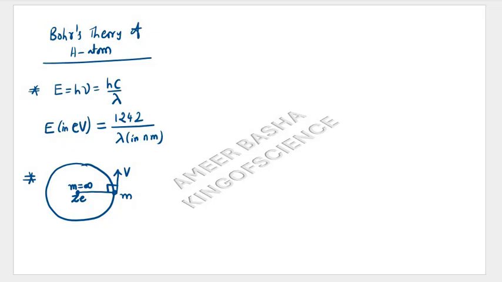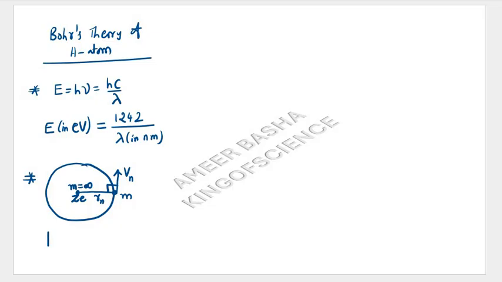For this type of system, what will be the radius formula, the velocity formula, the total energy and all those things. One of the important postulates of Bohr's theory is that angular momentum is quantized and has integral multiples of nh by 2 pi values.